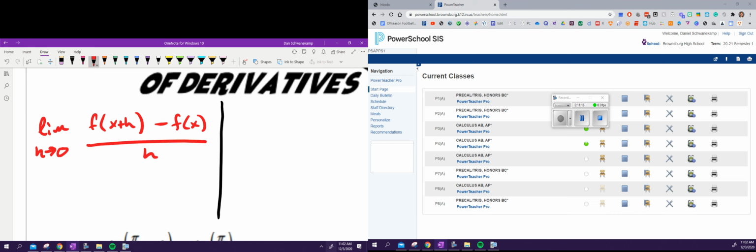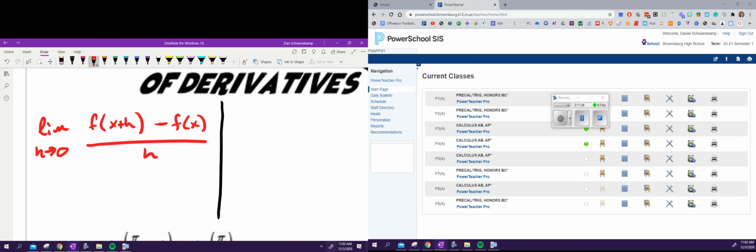Remember how much fun those were? No, they were bad. But you could do them. I don't need you to remember it. I need you to recognize it. I need you to be able to look at it and be like, oh yeah, that's a limit definition problem. What about that problem stands out that it's a derivative problem?